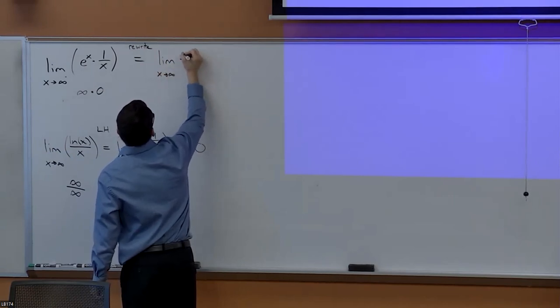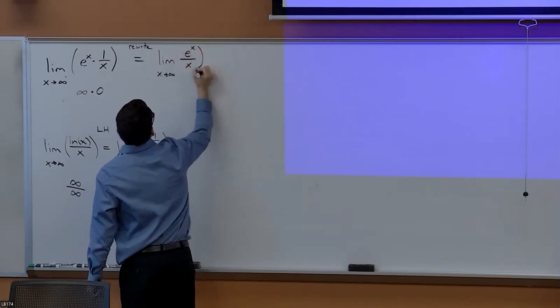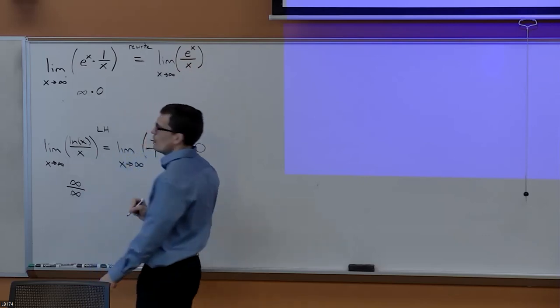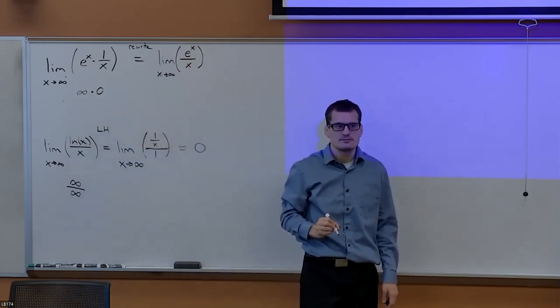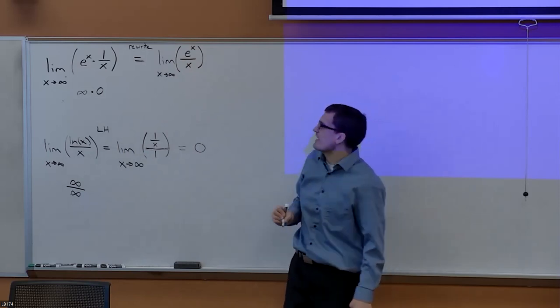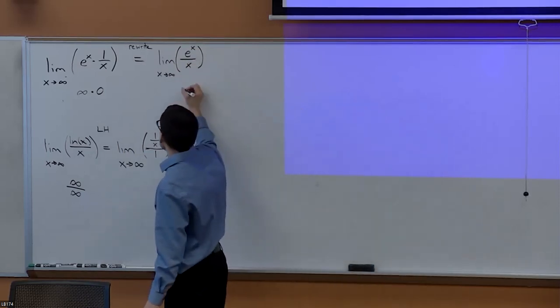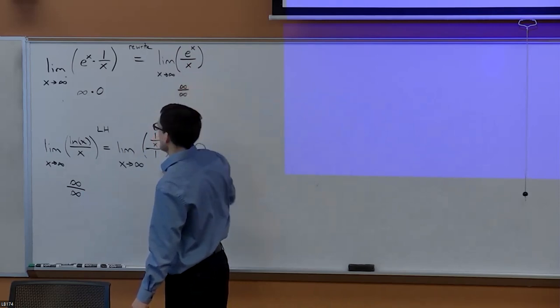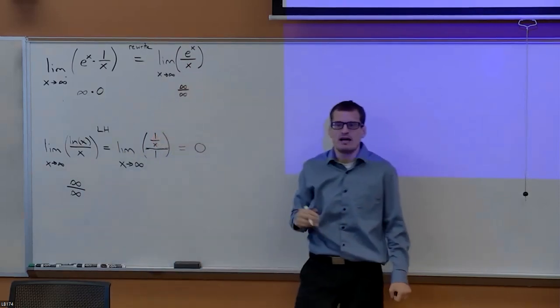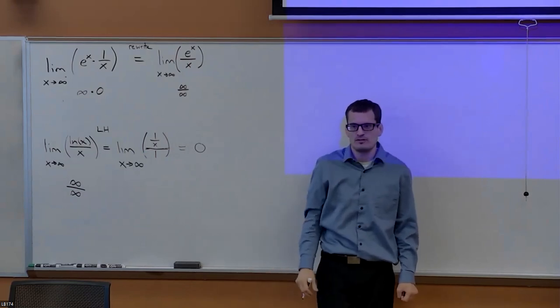This one's fairly straightforward to rewrite. In this case, I'm going to do e to the x over x. And if I examine, now I plug in infinity, I get infinity over infinity. So now I can use L'Hopital's rule if I want.